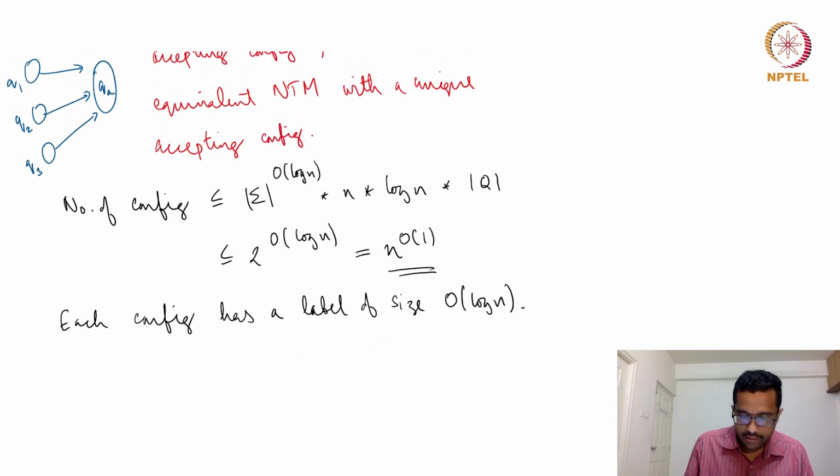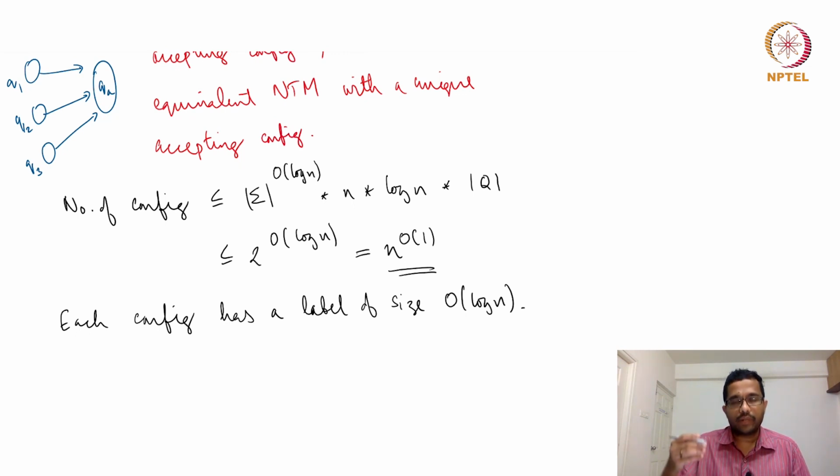So one point here is that we already saw this in the previous lecture, just repeating. The number of configurations that the NL machine for A has is 2 power constant times log n, which is polynomial in the input length, n power order 1. This is something that we did already.